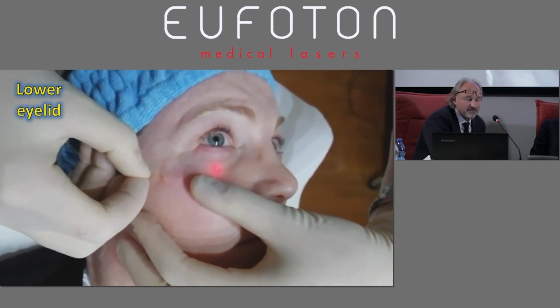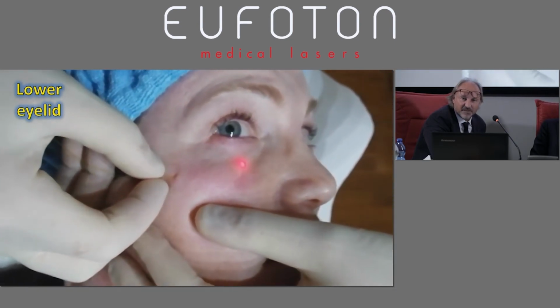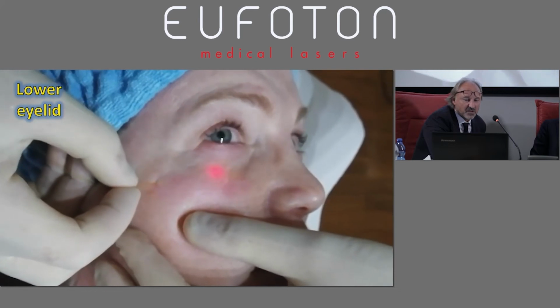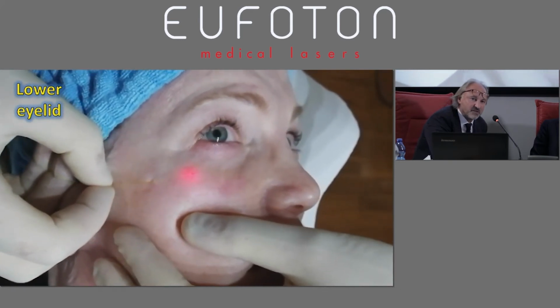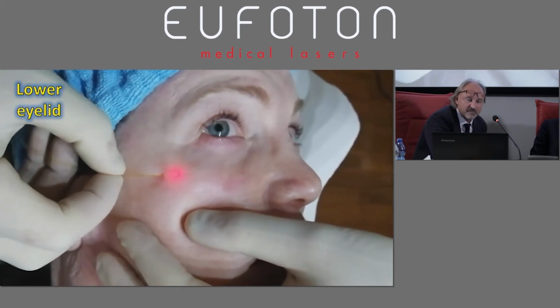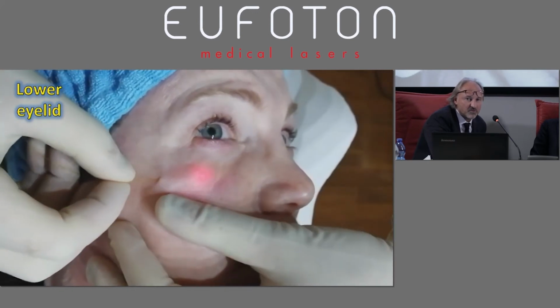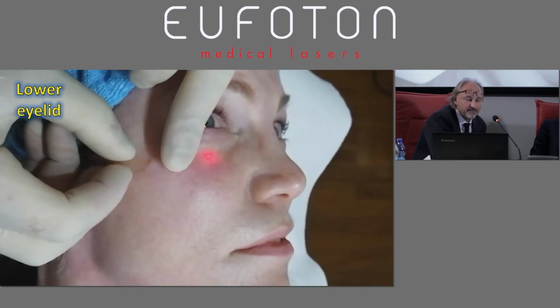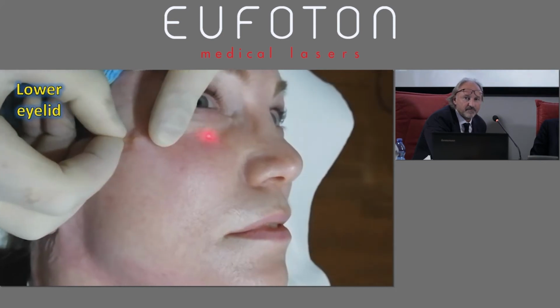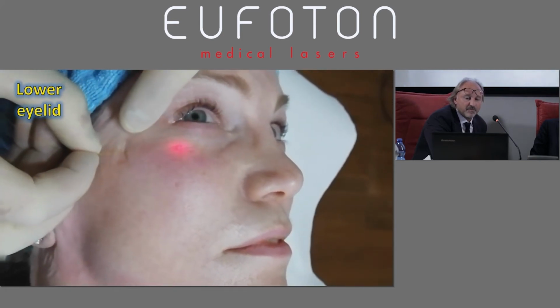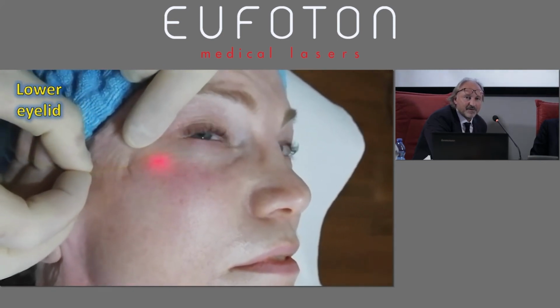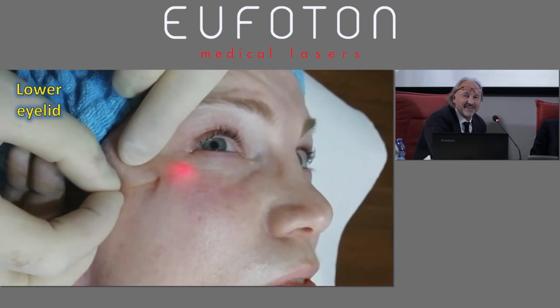When I used more energy, I was a bit energetic, and edema lasted even 20 days. Now the edema is quite benign, 24, 48, 72 hours, not longer than this. A very short edema.